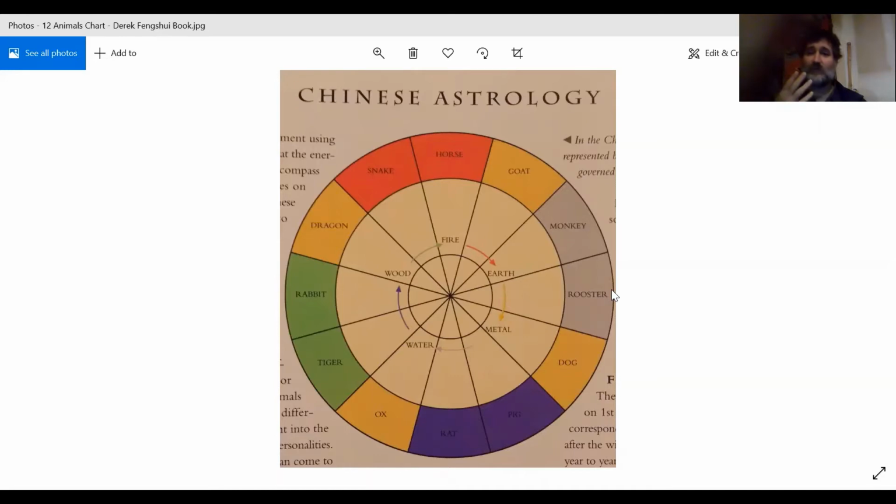So these 4 plus the central pivot, this is the 5 elemental chi phases. So simple. And we'll see that the heavenly stems and the earthly branches, they all follow this map. My understanding of this stuff is fairly simplistic, so please understand that the stuff is way more complex than I'm presenting it, but this is a good beginning.